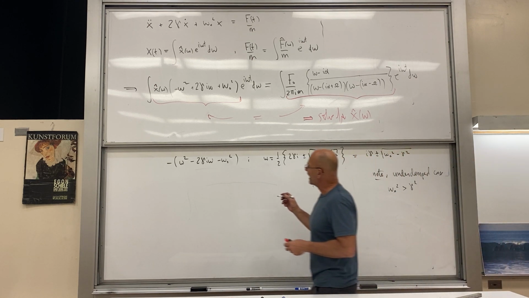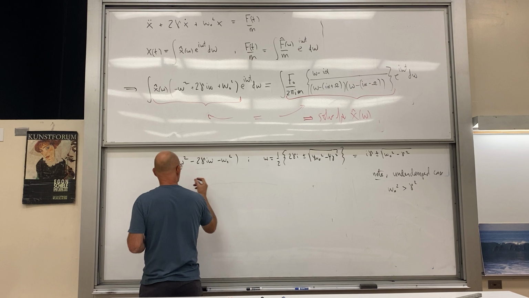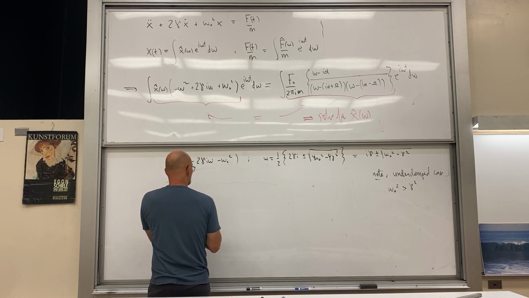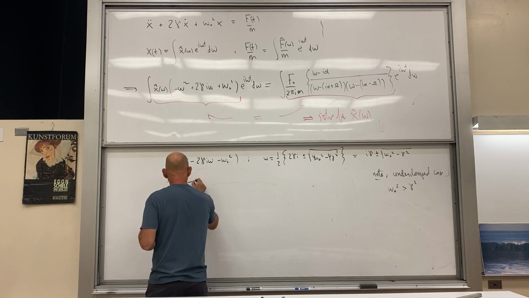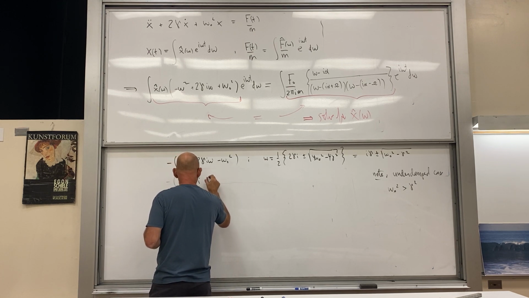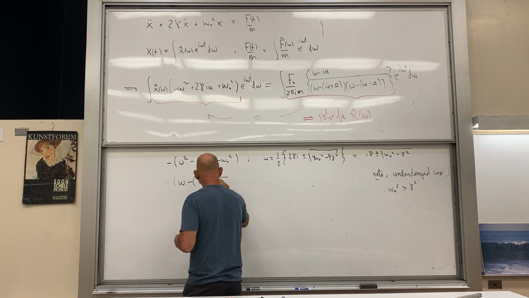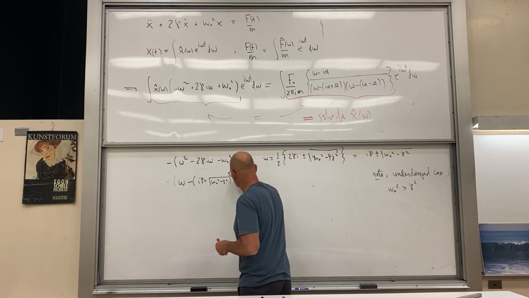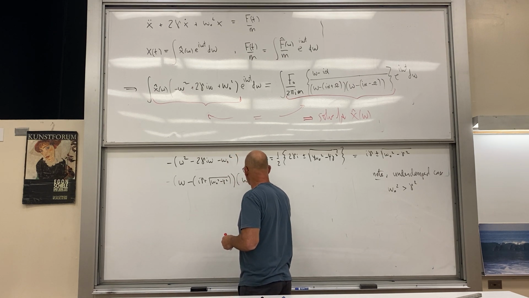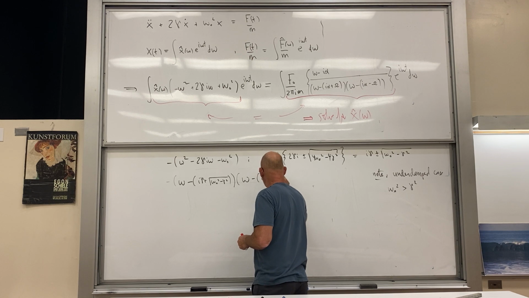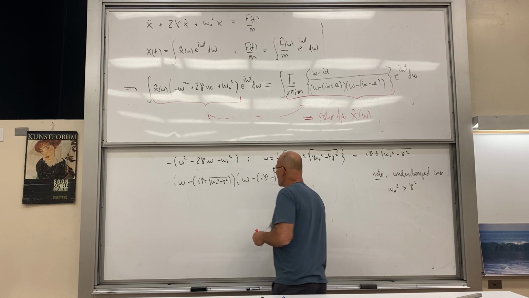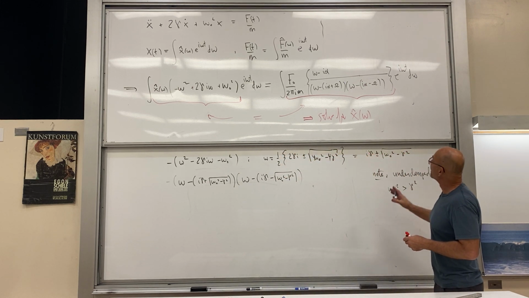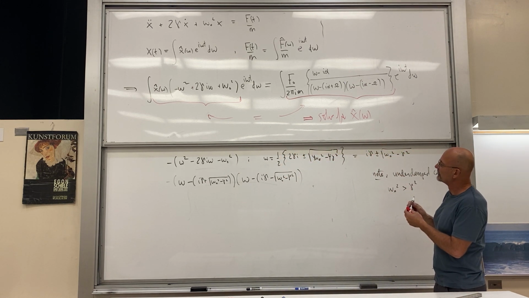So the point is, we can write this as minus omega minus i gamma plus the root of omega naught squared minus gamma squared, times omega minus i gamma minus the root of omega naught squared minus gamma squared. Same thing is going to hold for the factorization that I wrote about the other one.